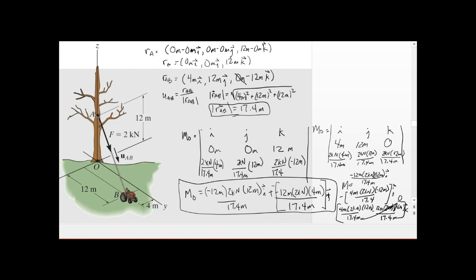So no matter which way you calculate it, from any point to the force line of action, you'd have the same answer. So if you calculated it with RA cross F or RB cross F, it would be the same answer, since both RA and RB give you the distance to the force line of action from point O. All right, so that's just proving that point through a real problem.